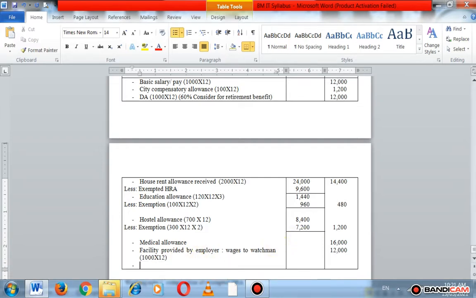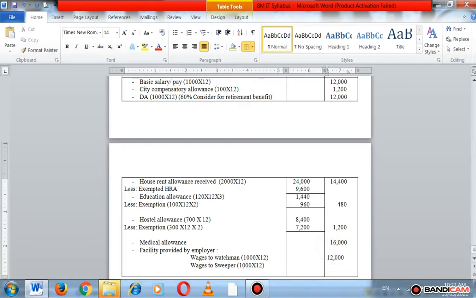Then the next facility is wages to the sweeper, 1,000 per month for each such person, so 12,000.